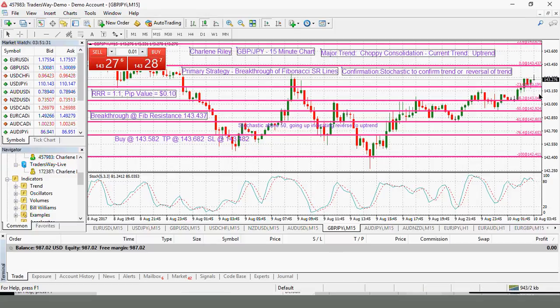So for my trade setup, I'd be looking for a break below the 143.19 line. If I get that, then I'll be looking for a sell, and provide that confirmation from the stochastic.